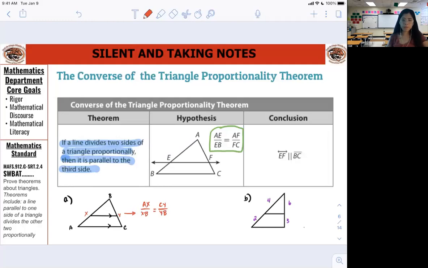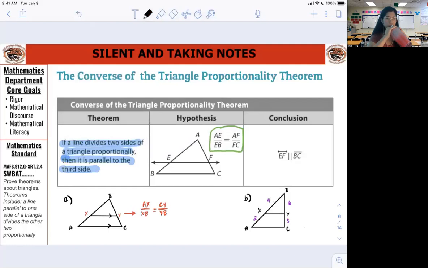In B, it's not telling us anything about them being parallel, but what do we notice? What do you notice about example B? What sort of relationships?